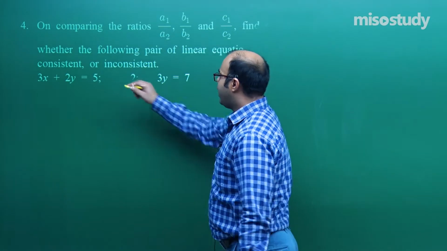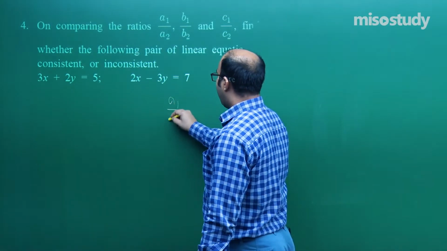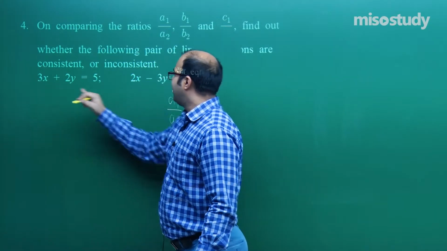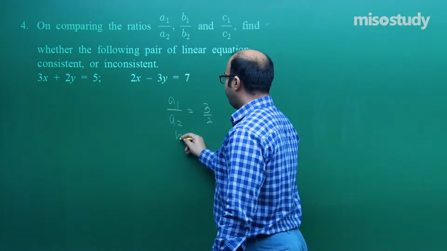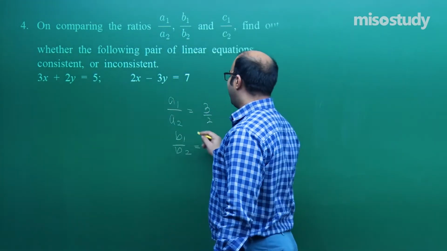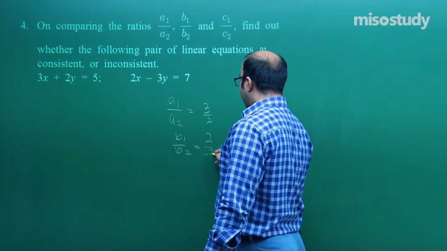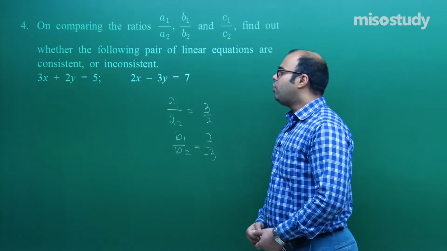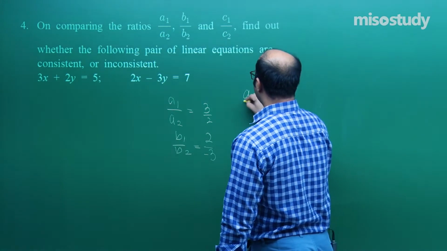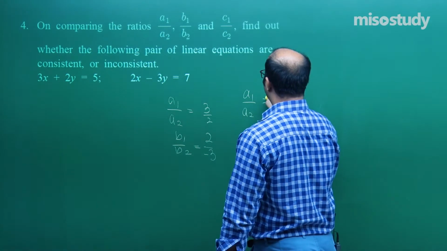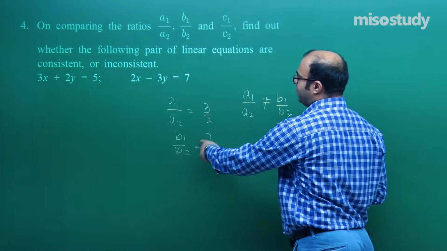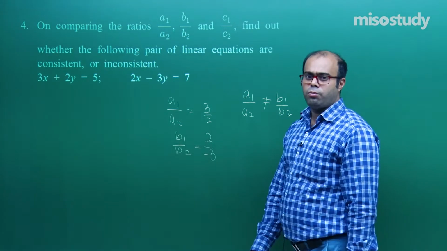So let us check. Here we take a1/a2, which will be 3/2, as a1 is 3 and a2 is 2. If we take b1/b2, what do we get? We get 2/(-3). If we observe here, we need not even find c1/c2. a1/a2 is clearly not equal to b1/b2. 3/2 is 1.5 and -2/3 is about -0.66.